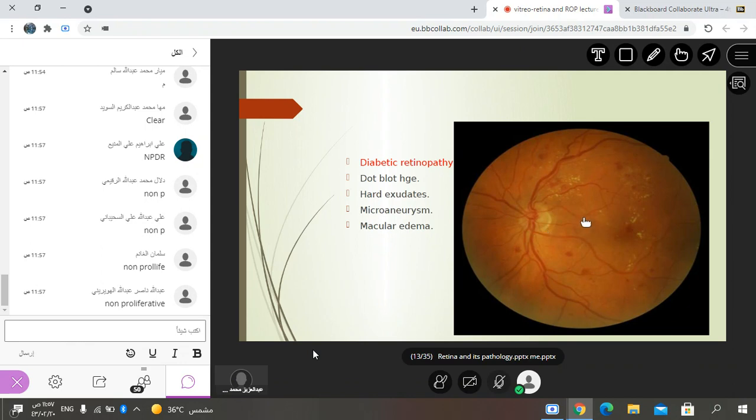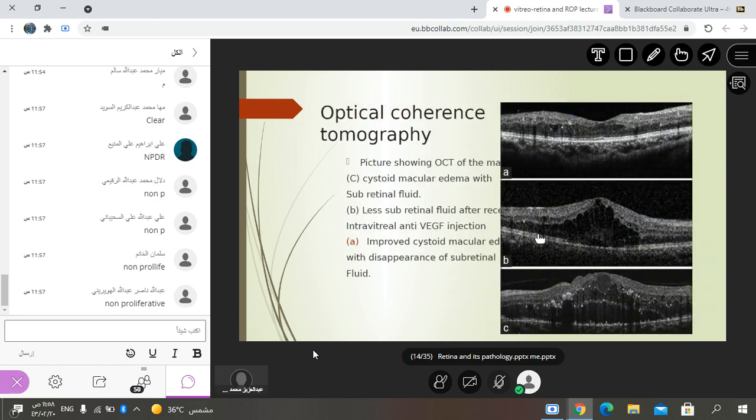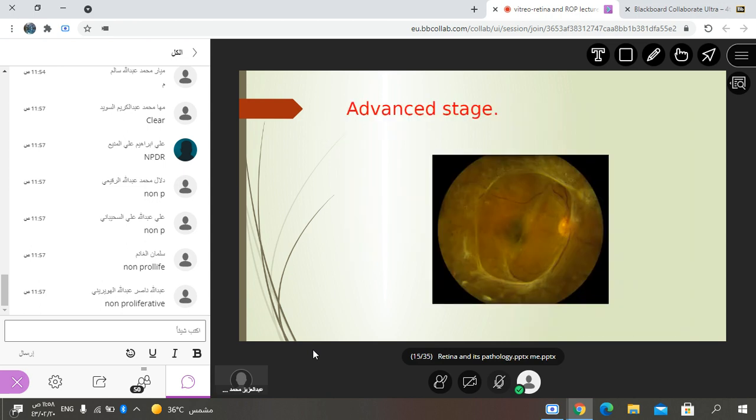Here we are still in the MBDR phase, and we said about MBDR, what is the common presentation? It is diabetic macular edema, and this is diabetic macular edema and the treatment option for it. Okay. The other stage is proliferative diabetic retinopathy, which is the advanced stage.